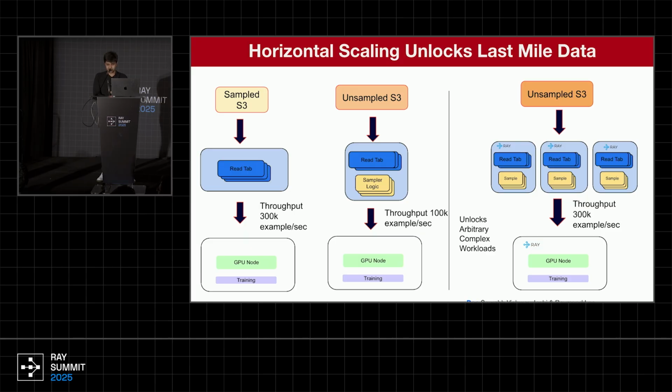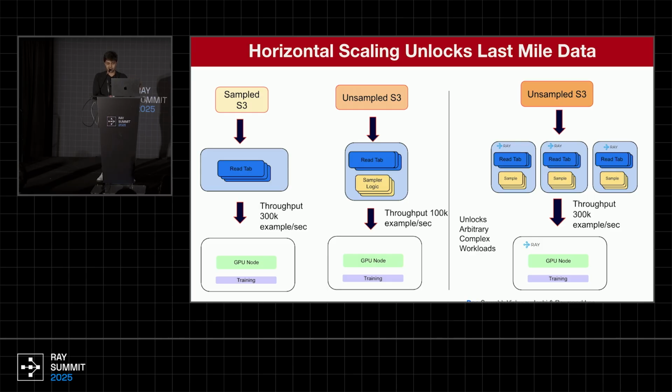But with Ray heterogeneous clusters, we have the ability to add more and more CPU nodes to maximize GPU utilization. And because of this, it unlocked arbitrarily complex workloads at the time of training. So this was the hammer that we found, and then we found a bunch of nails.